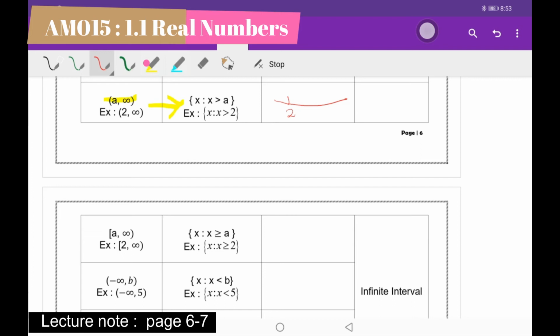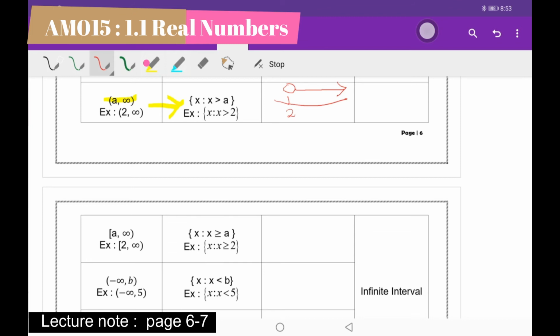Do you need to label the infinity? You don't have to, because infinity is not even a number. Okay, because 2 is using a round bracket, you need to use an empty circle. Very good. Because it is 2 to positive infinity, you just need to draw an arrow towards positive infinity.